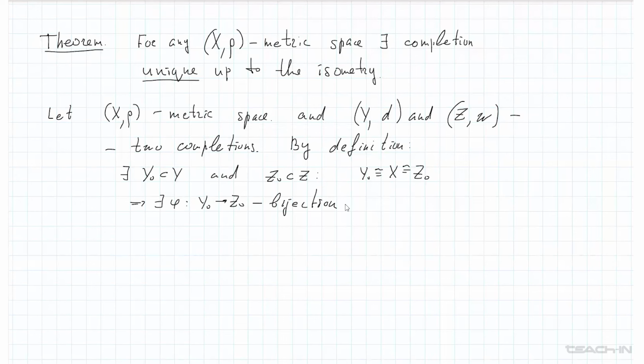And we know that the closure of y0 is Y and the closure of z0 is Z. So what we need is only to extend our bijection to the limit points. We have a bijection between y0 and z0 and it's sufficient to extend it to the limit points.